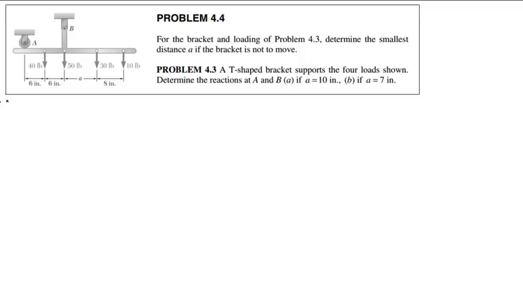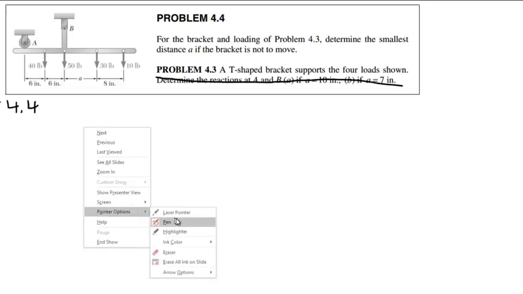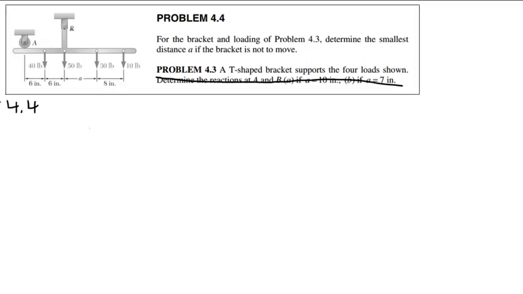So essentially what's happening here is we don't need to worry about this. We just have the T-shaped bracket with the 4 forces on it. Determine the smallest distance A if the bracket is not to move. This is a pin, this is a roller.